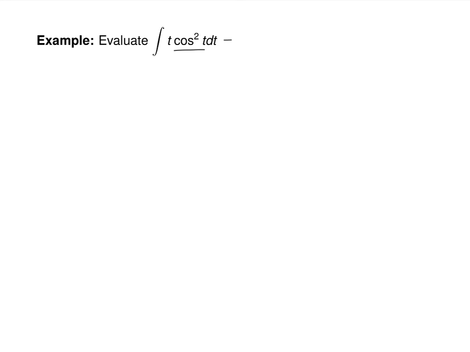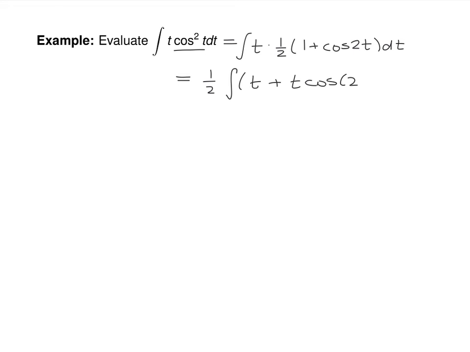So we have the integral of t times a half times 1 plus cosine of 2t dt. Let's take that 1/2 out, and we'll have 1/2 times the integral, and also distribute the t. So 1/2 of t plus t cosine of 2t.